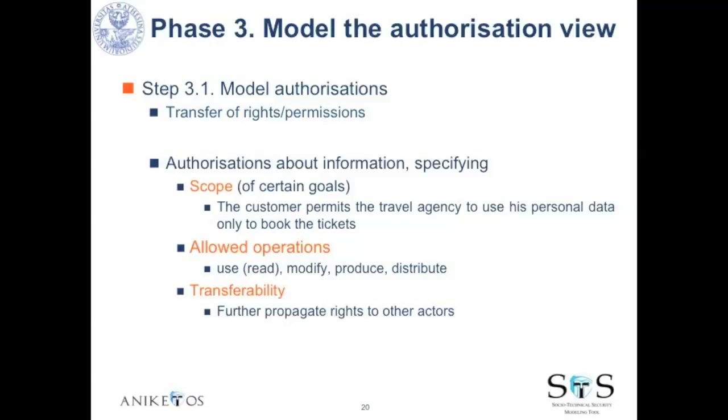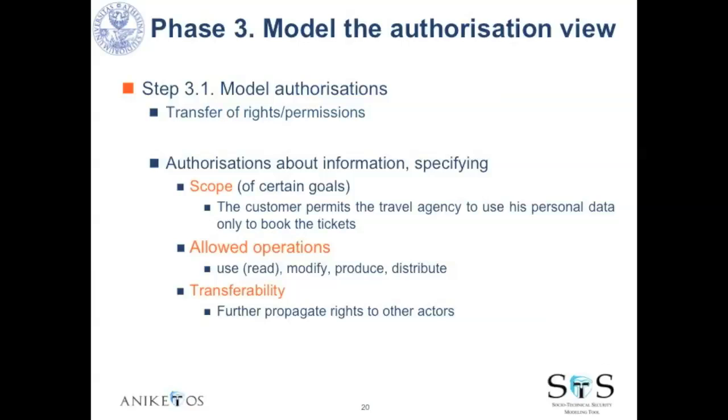However, he might as well transfer full rights to someone else, making them legitimate to further transfer rights to others. In order to capture these two kinds of transfer of permissions, in the authorization view, we model authorizations about information, specifying these authorizations in terms of three attributes.